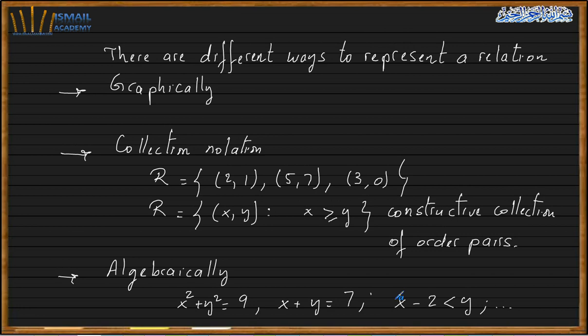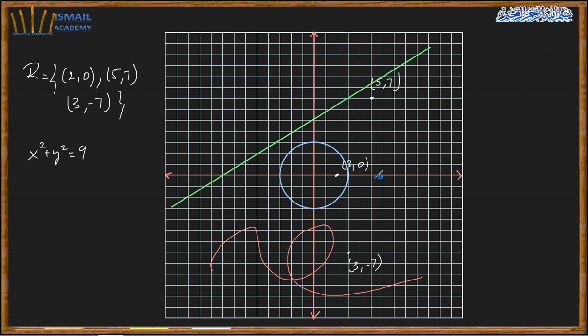And when you present the relation, the x coordinate, for example, from here to here, is the domain. Any point x, y, I do a projection on the x axis and on the y axis.